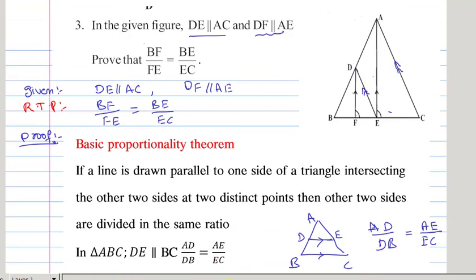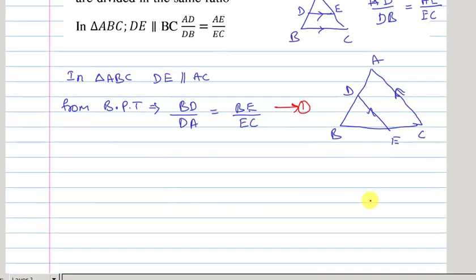From this given diagram we can take another small triangle, that is ABE. Let me draw it here.